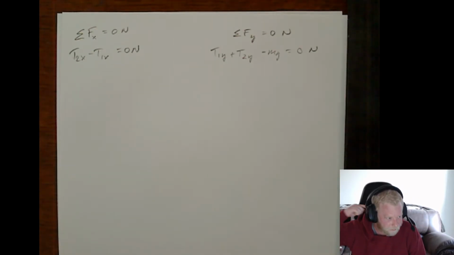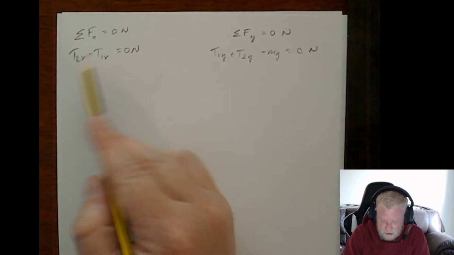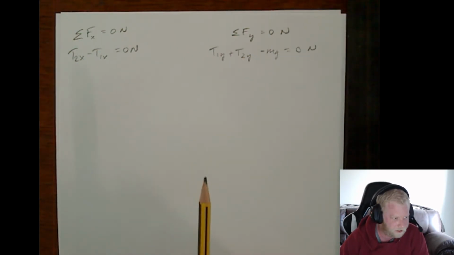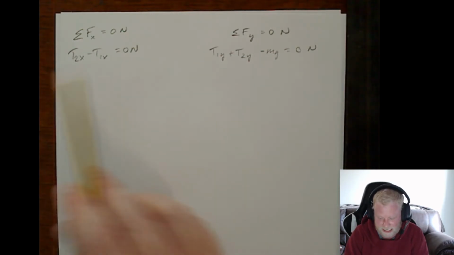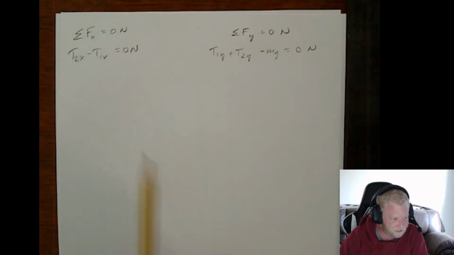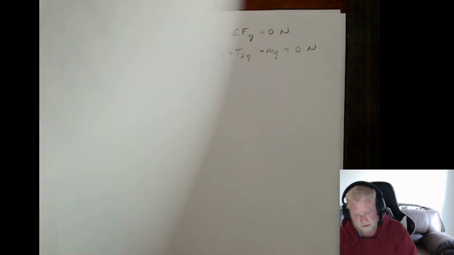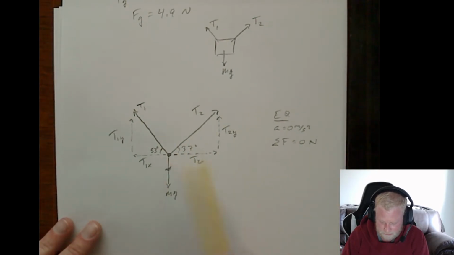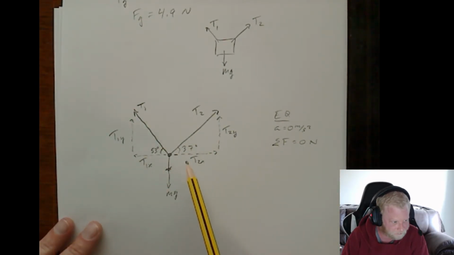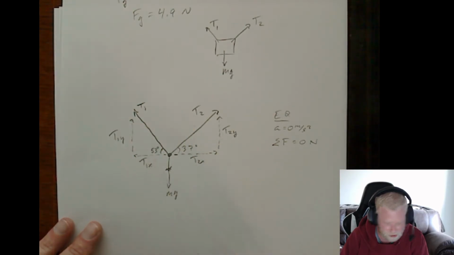Now here's the problem. We've got 4 different unknowns running around, right? 1, 2, 3, 4. So what we need to do is try to get rid of some of these unknowns. So if we look back at our free body here with the components in it, we need to get these in terms of T2 and these in terms of T1, right?